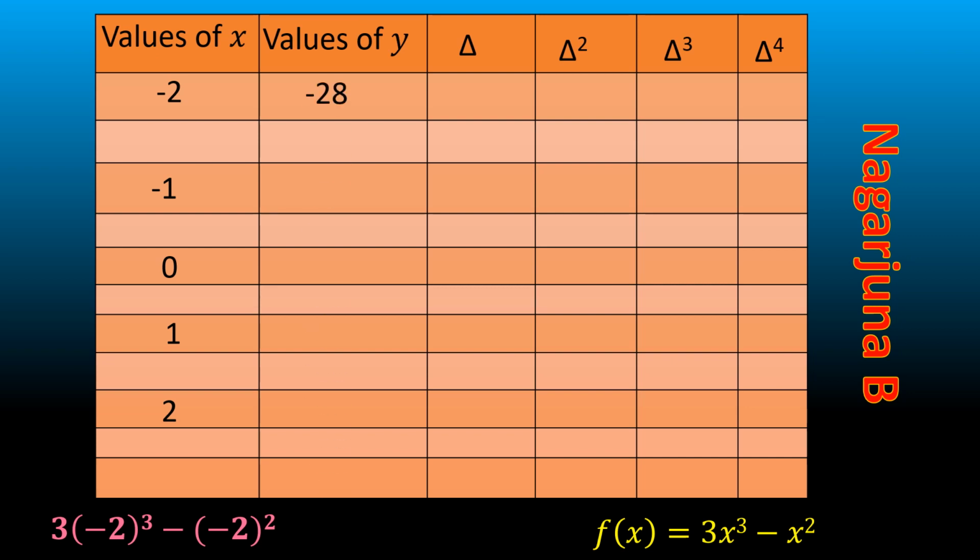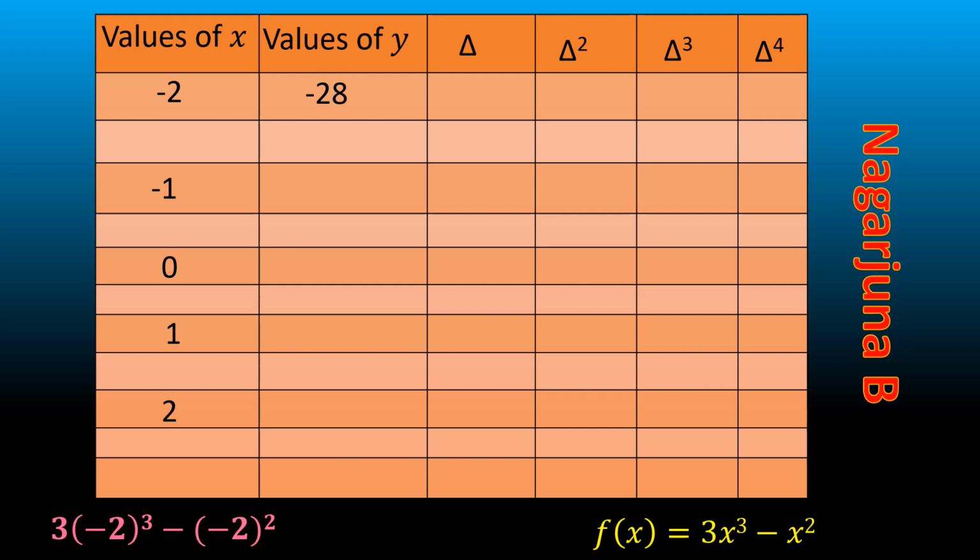This one you can also write in the calculator. That means you can type in the calculator as 3, open the bracket, minus, the small minus sign which is present in the calculator, you need to use that one. After that 2, close the bracket and press the shift key. There is an x to the power y. Press that one and write 3.